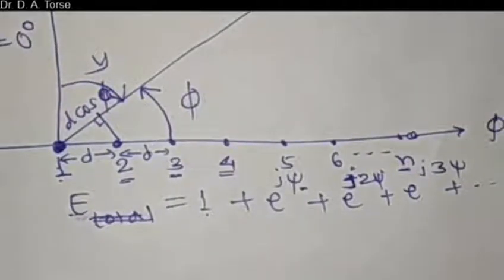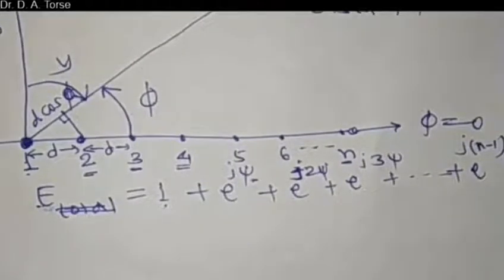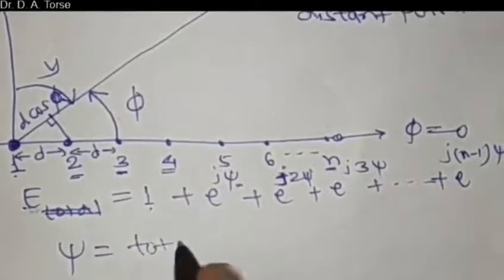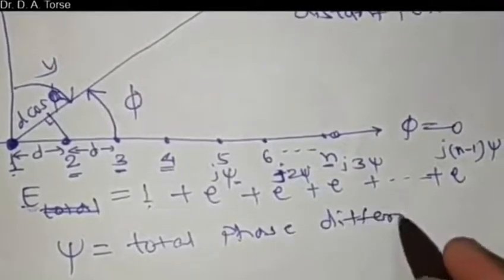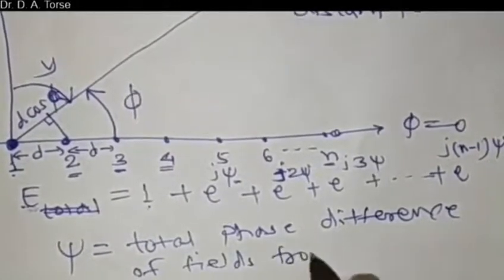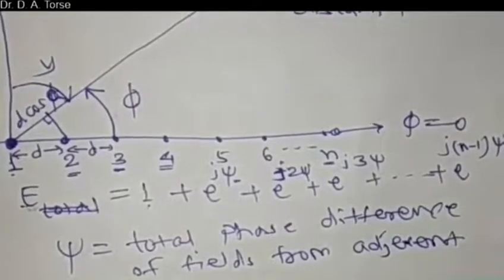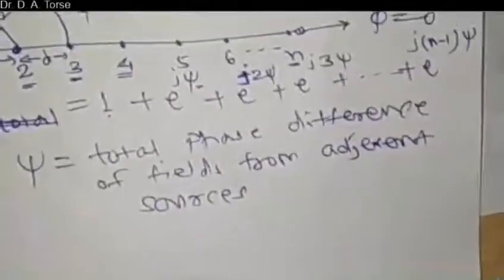So now let's proceed deriving this equation for finding the total electric field in a more detailed way. Now in this equation, psi is representing the total phase difference of fields from adjacent sources. I hope this handwriting is readable.